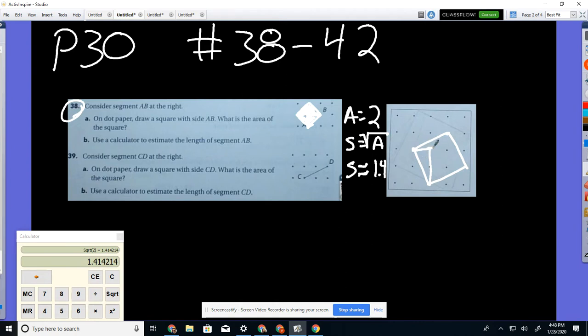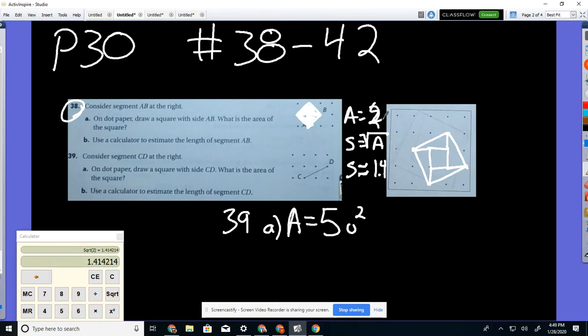So we have 1 there, 1 there, 1 there, 1 there, and then 1 in the middle. So the area for 39, answer A, area is 5 units squared.